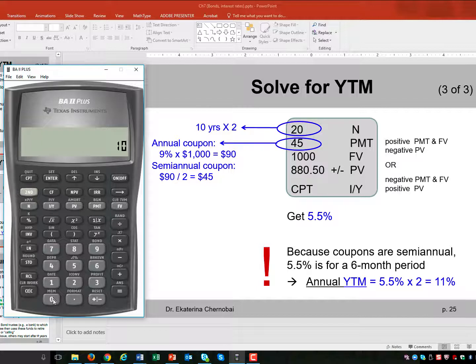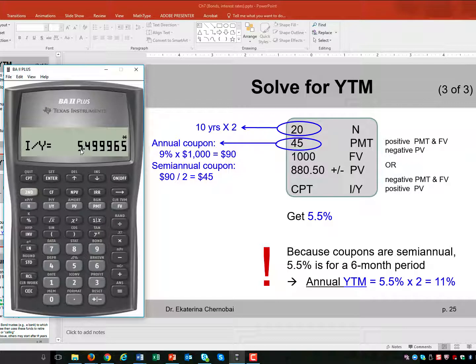So I put 1,000, and without changing the sign, I press FV. And only for the bond price or the present value, I'm gonna change the sign to negative. So I put 880.50 negative PV.